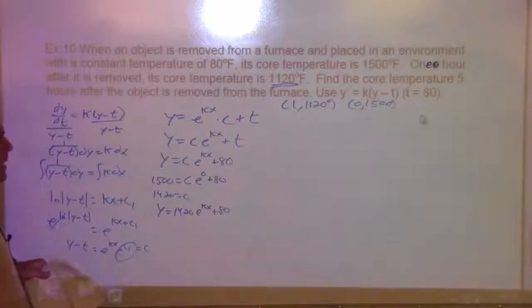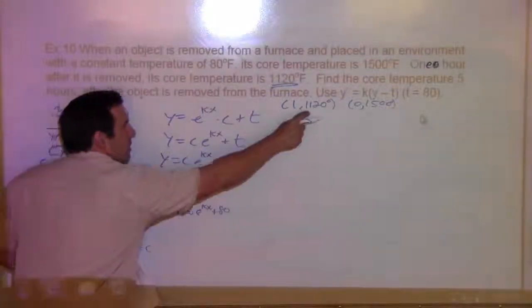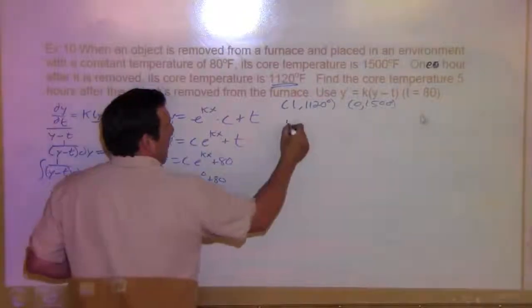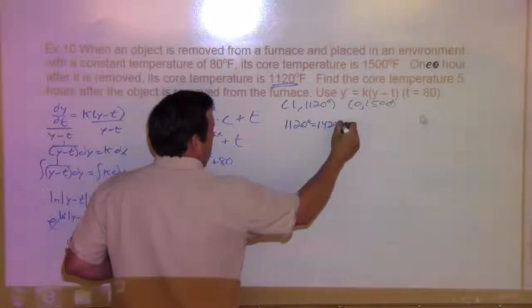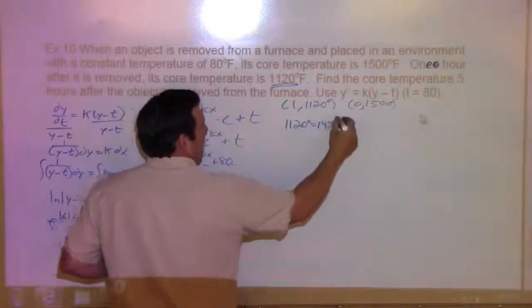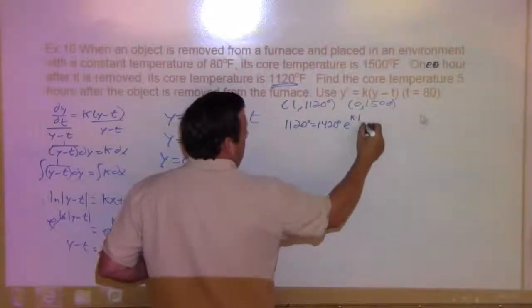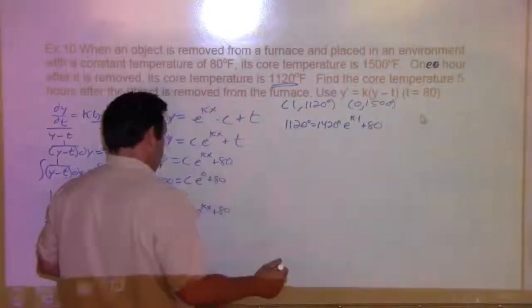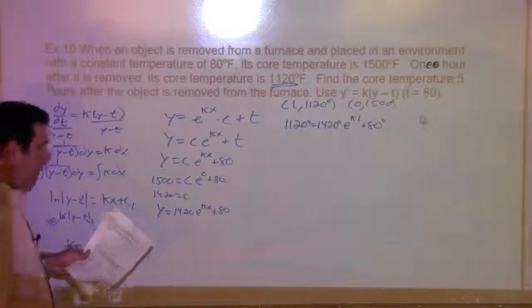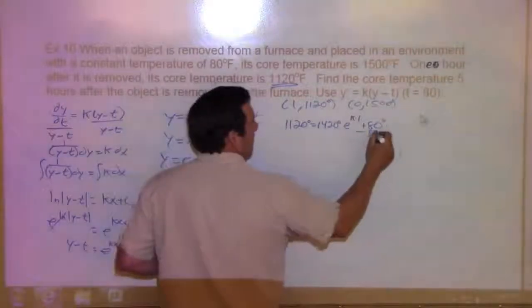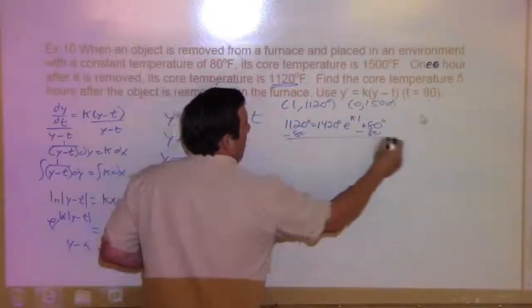What about that k? After an hour, it's 1120. So 1120 degrees equals 1420 degrees e to the k times 1 plus 80. Subtract 80 from both sides.